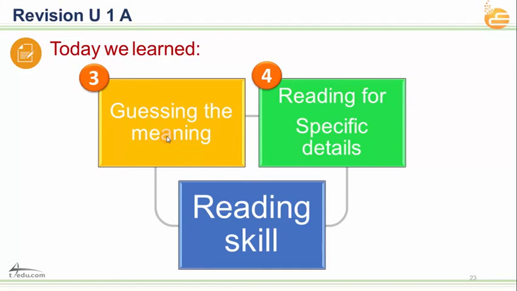So be careful about the meaning. Even if you don't know the meaning, you can sense it and feel it if you read what's before and what is after the word, and then you decide the meaning. And we remembered some reading for specific details when we just cross out some vocabulary, and these were the two major reading skills for our revision for today.